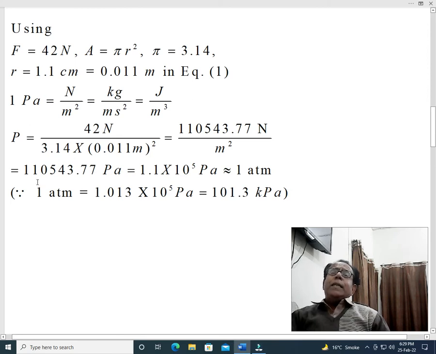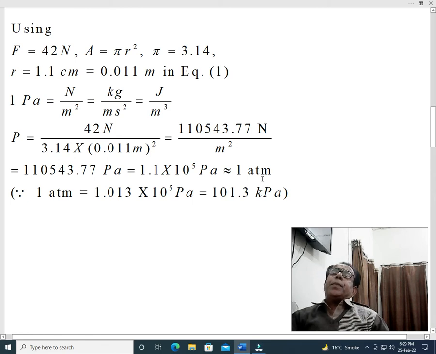And finally, if we write it as 1.105437, then it will be multiplied with 10 raised to the power 5 Pascal. Okay, so these are just alternate ways of writing this expression. And this is approximately equal to 1 atmosphere.